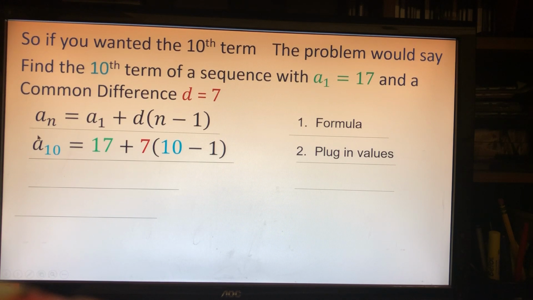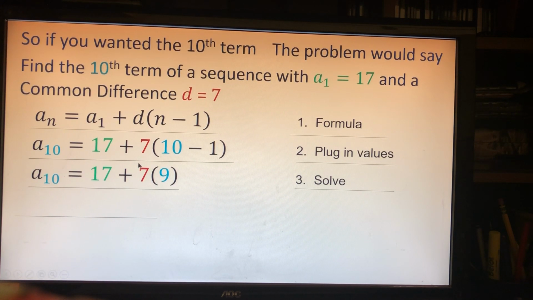So the a sub 10th term, and we'll write a 10 there. And a sub 1 equals 17, so we put a 17 for a sub 1, and the common difference d equals 7, we'll put the 7 in. And then all you have to do is solve. And we use PEMDAS, so we know that 10 minus 1 is 9.